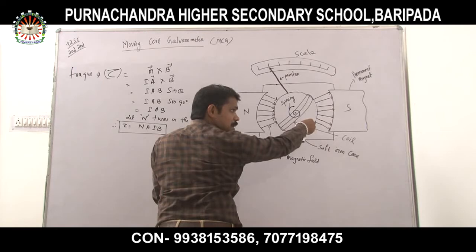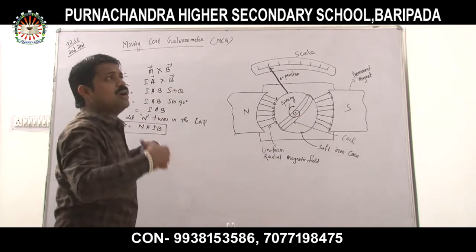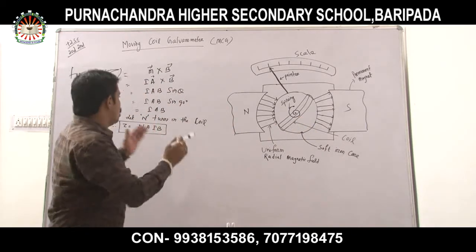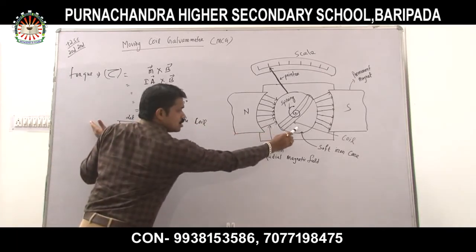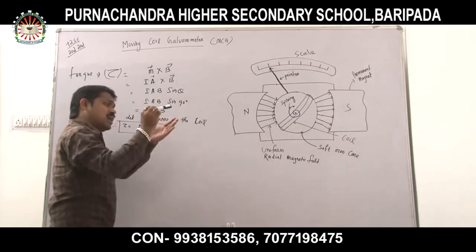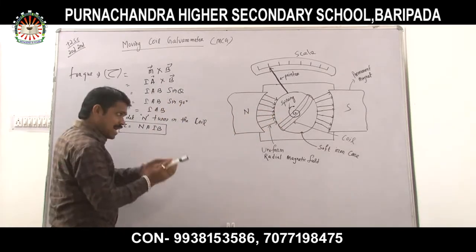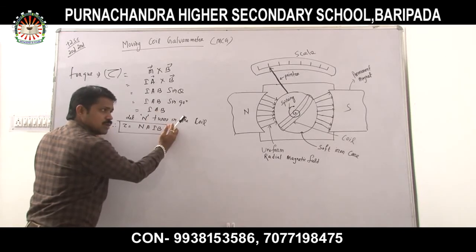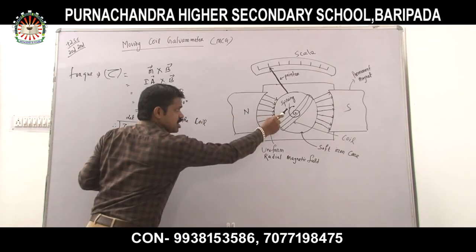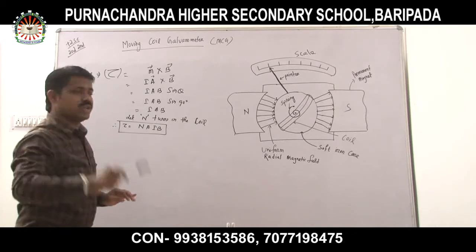But this is not practically possible. So to avoid such a condition, to neutralize this torque in the cylinder, another torque is produced in the spring which helps to equilibrate this torque. That torque which is generated in the spring is called restoring torque.